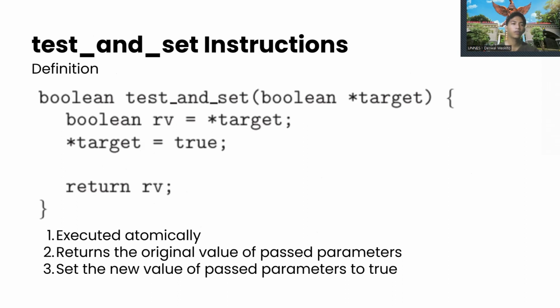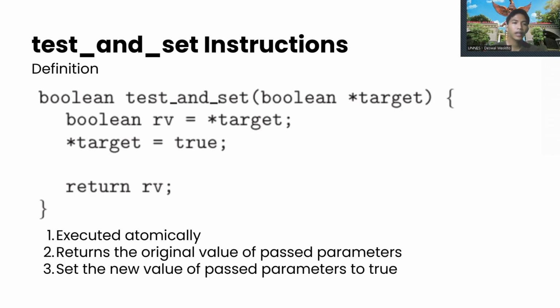Okay, the first we will talk about is the test and set instruction. The main function of the test and set instruction is to set the value of a variable to a specific value, usually 1, and atomically return the previous value.